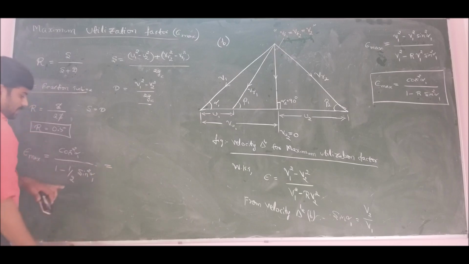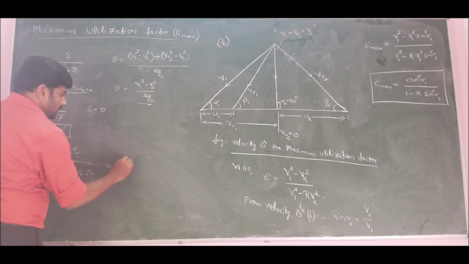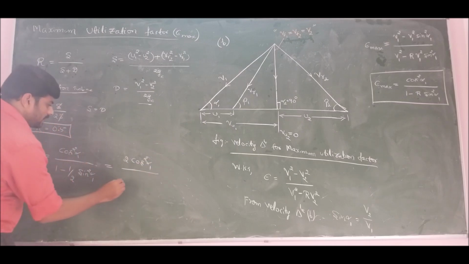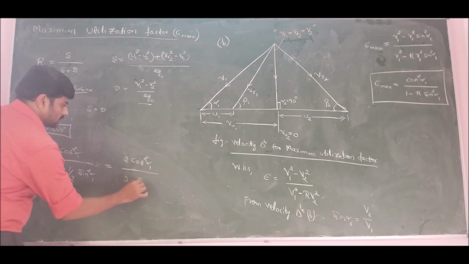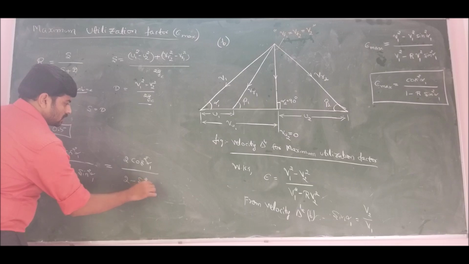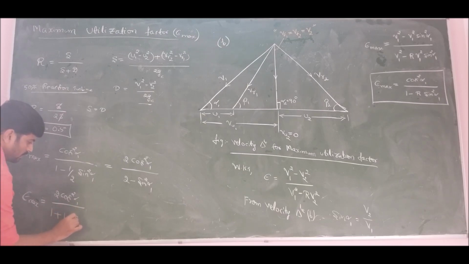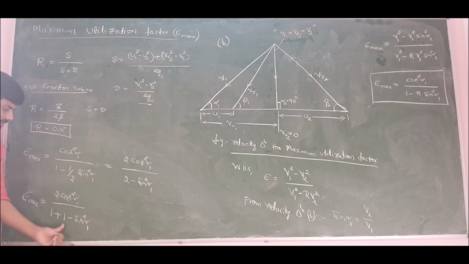So this I can write by taking 2 as LCM: 2 cos square alpha 1 divided by 2 minus sin square alpha 1. So epsilon max is equal to 2 cos square alpha 1 divided by 1 plus 1 minus sin square alpha 1. Here, 1 minus sin square alpha 1 is nothing but cos square alpha 1.